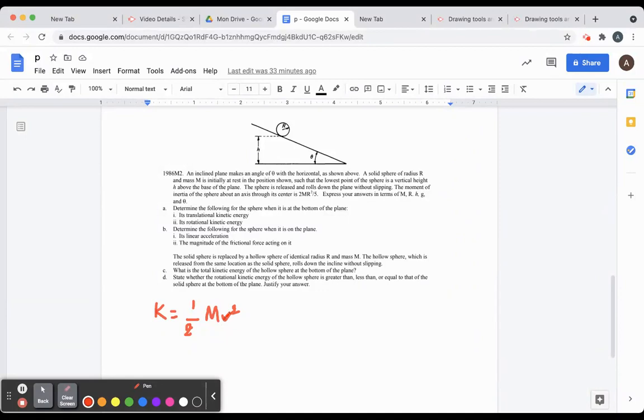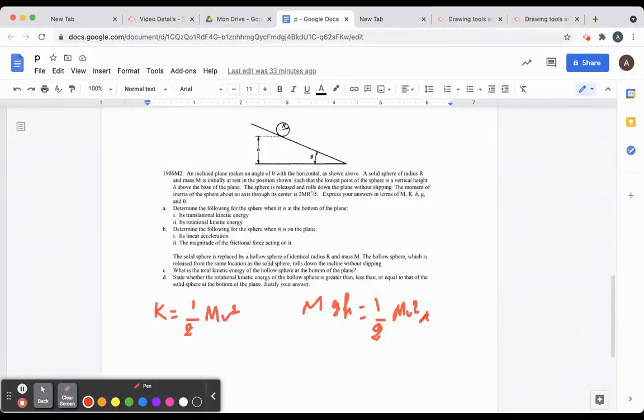So we have to determine the velocity, and knowing that the sphere at the top has a potential energy of mgh, and at the bottom it will have the translational kinetic energy plus the rotational kinetic energy.